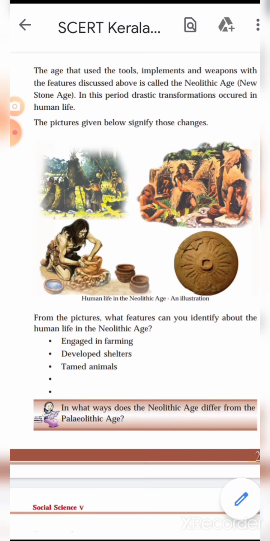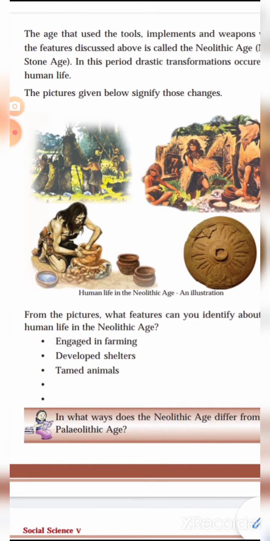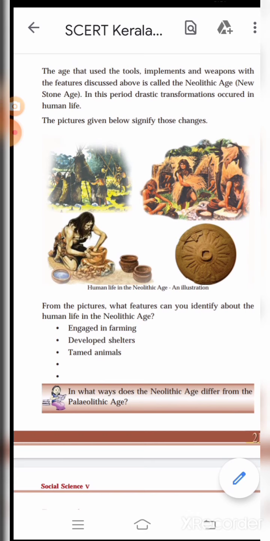How far did fire help people? And what's the difference between the weapons used in Paleolithic and Neolithic age? What are the main changes that occurred during the Neolithic age? Okay, these are the points we studied today.